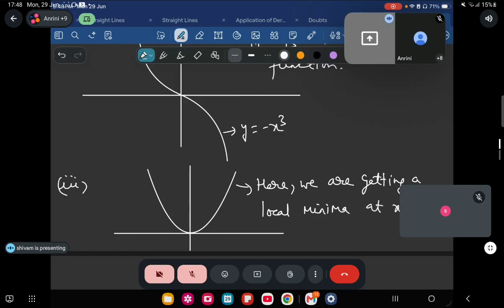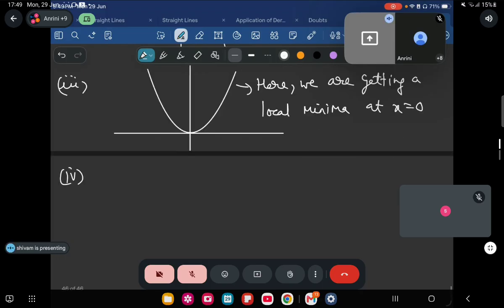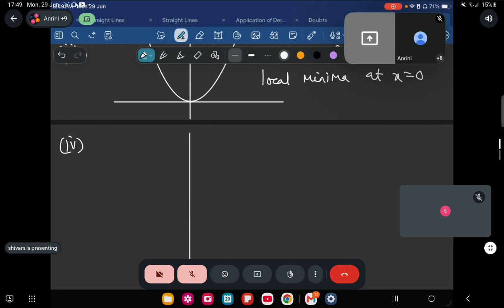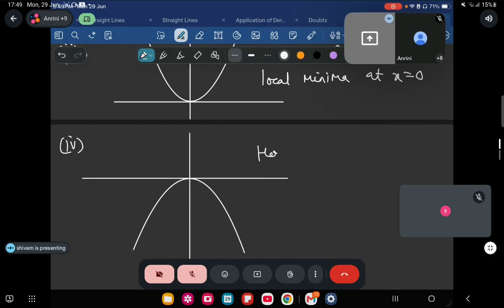Next, number four. Over here we are getting a local maxima at x equal to 0.